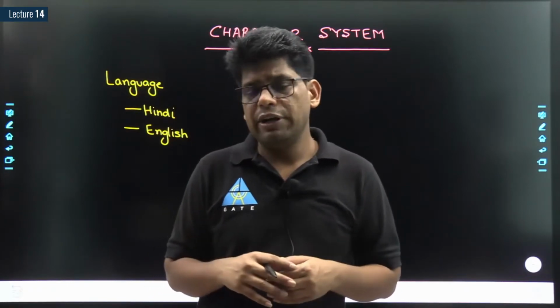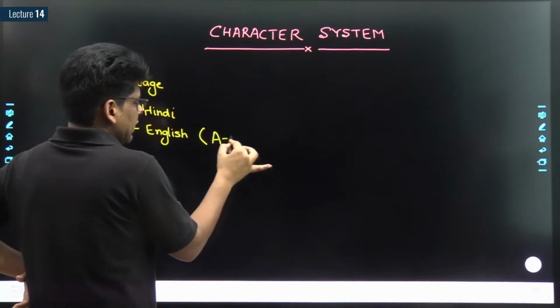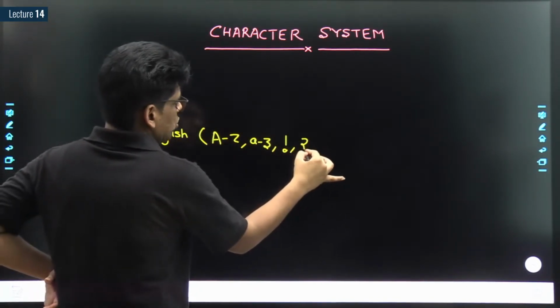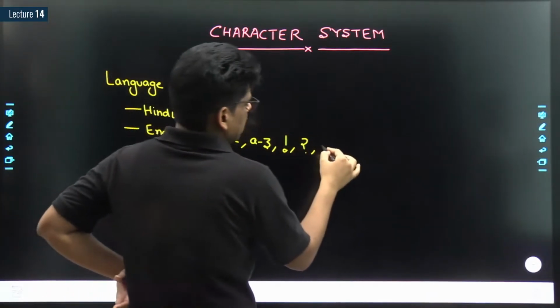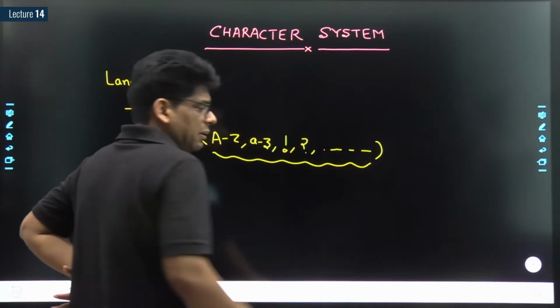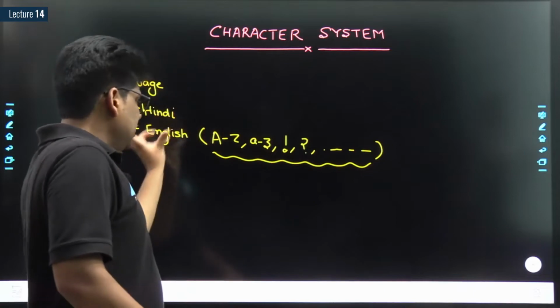For example, if I talk about English, the character set is capital A to capital Z, small a to small z, exclamation mark, question mark, punctuation, and so on. What are these? They are nothing but the character set of the English language.